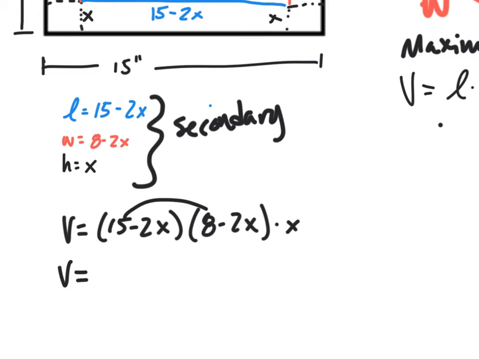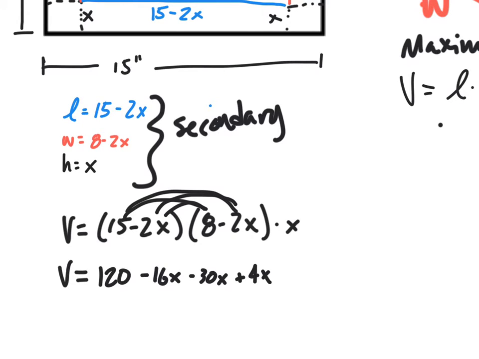So I get 8 times 15, that's going to give me 120. 8 times negative 2x is going to give me negative 16x. If I do 15 times 2x, that's going to give me minus 30x. And then negative 2x times negative 2x gives me positive 4x squared.